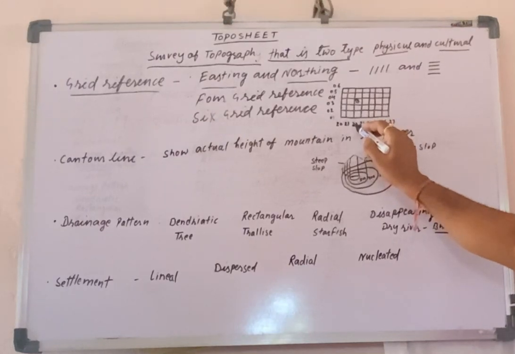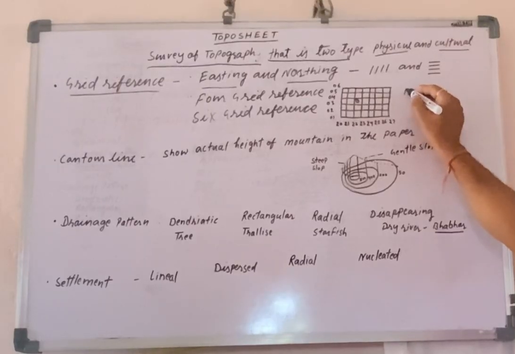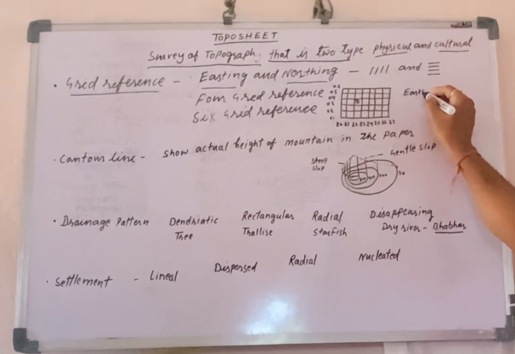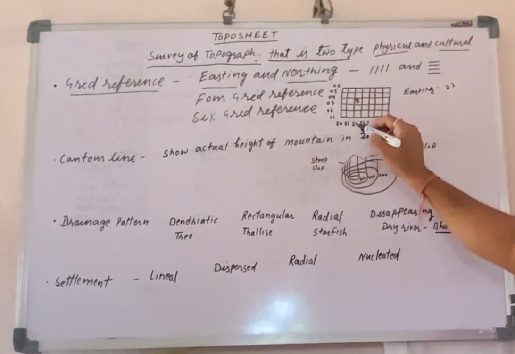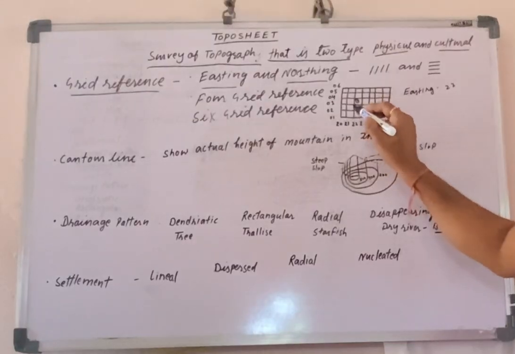These lines are 22 degrees, so we will take the least line, the last line, which is 22. So easting is 22. Now we will take out the northing.